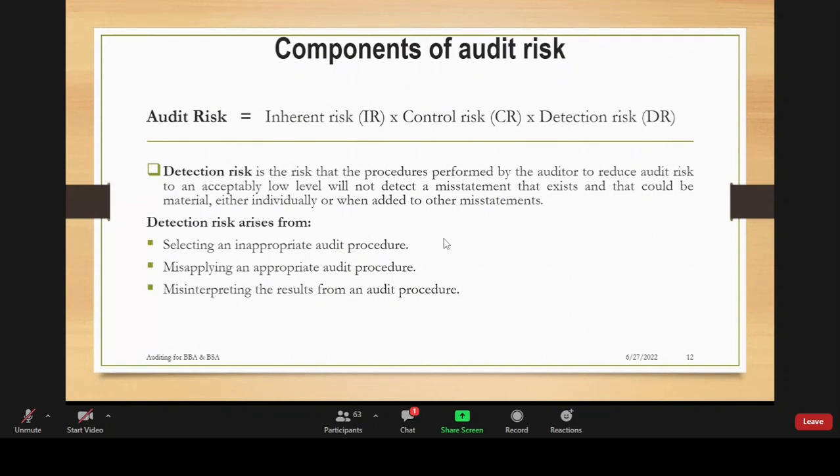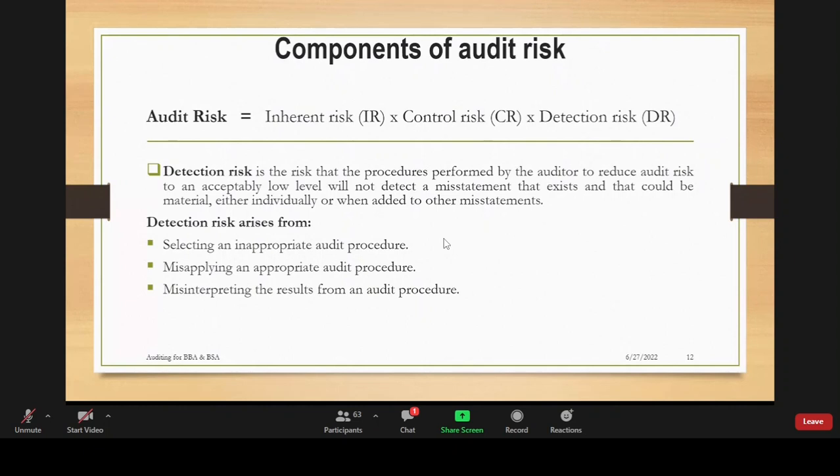Then misinterpreting results. You might use the appropriate audit procedure, but you misinterpret the findings from it. You might not have the capacity to interpret findings of a contract performed by a contractor because you're not an engineer.